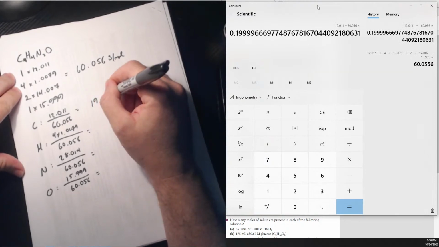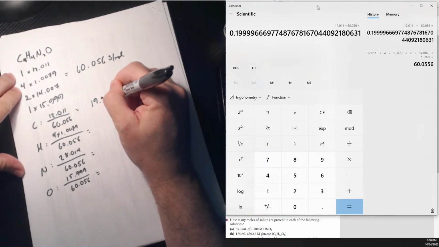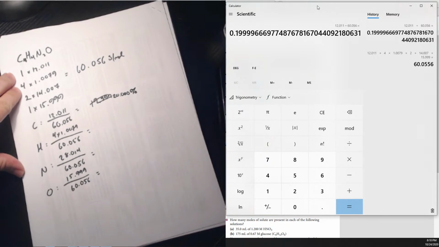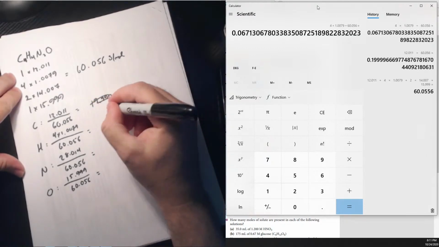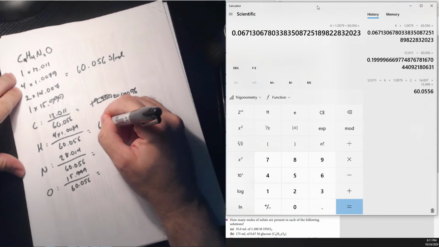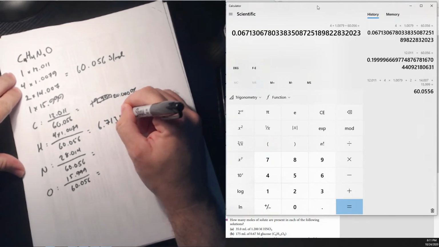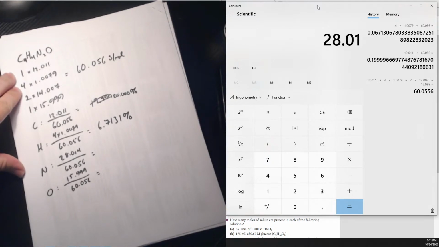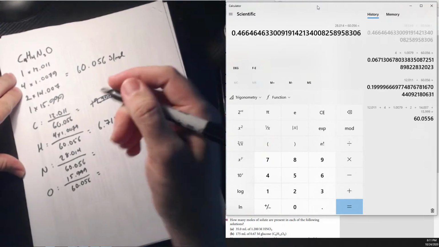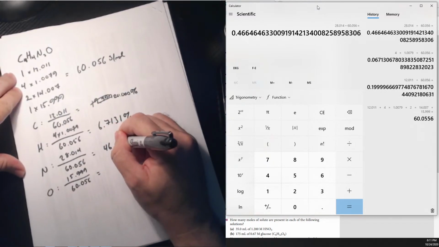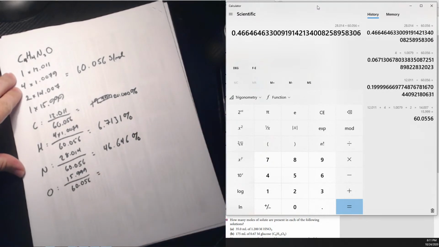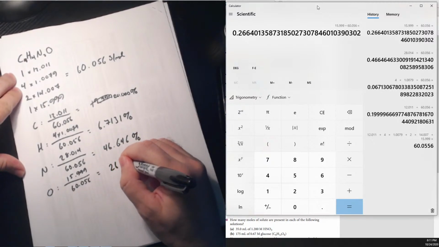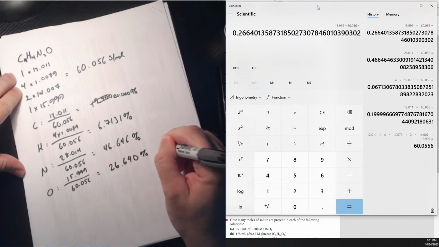So that rounds up, so it's going to be 20.000% carbon, 6.7131% hydrogen, 46.646% nitrogen, and 26.640% oxygen.